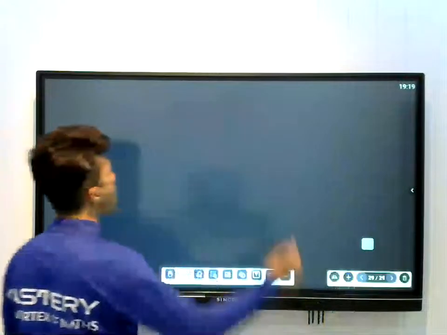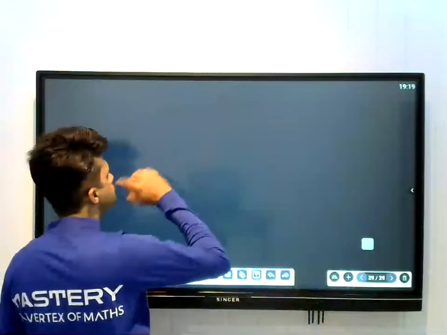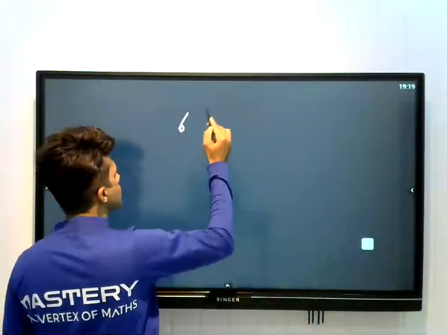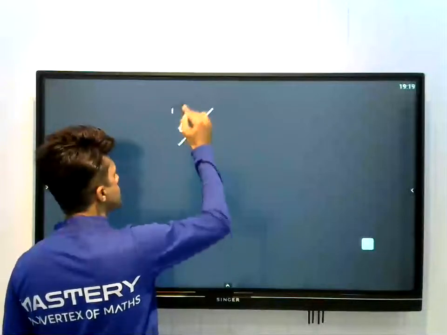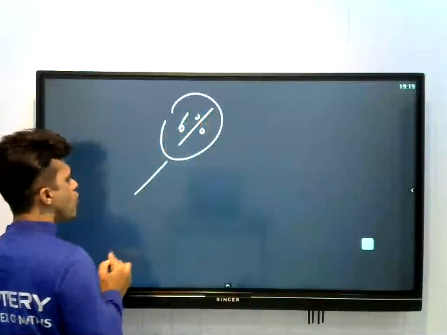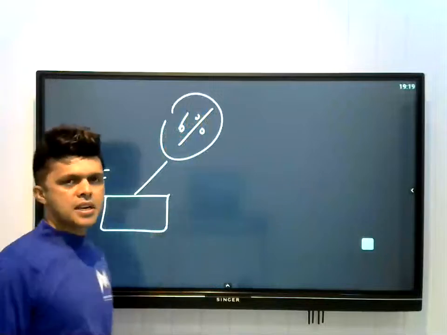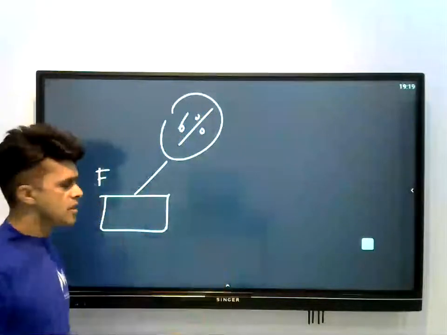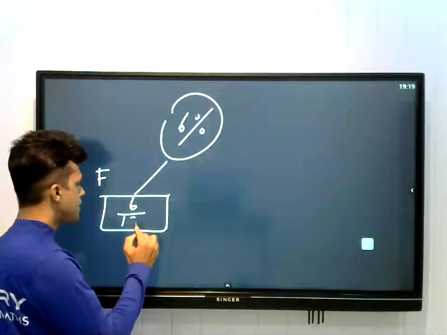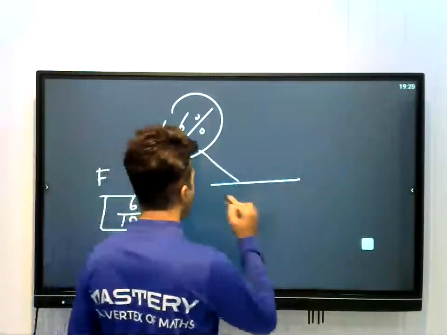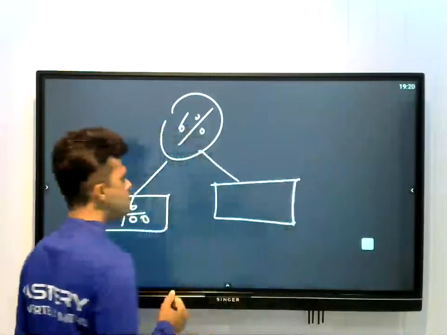Let's do this type of one. 6%. This is a percentage. What is the fraction here? 6 over 100. What should be the decimal number?